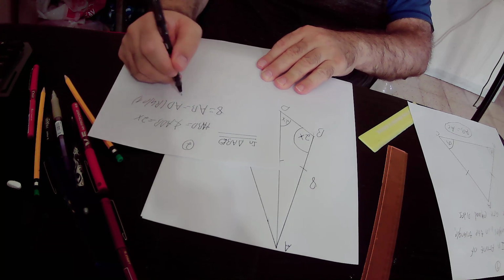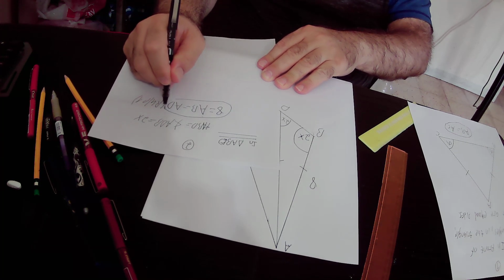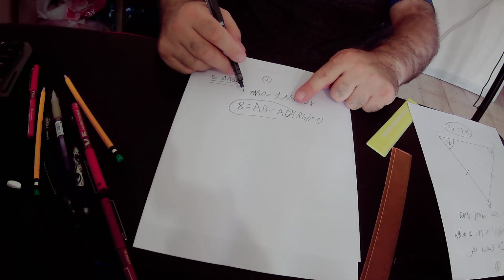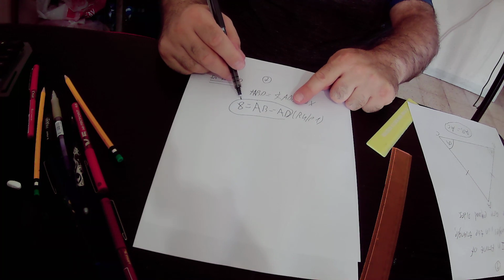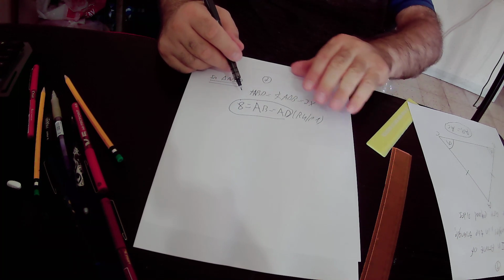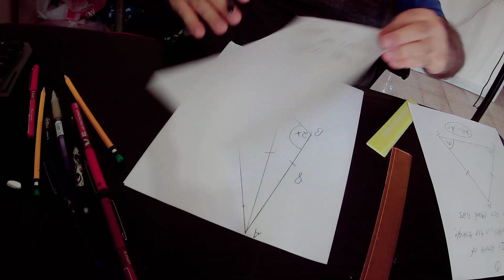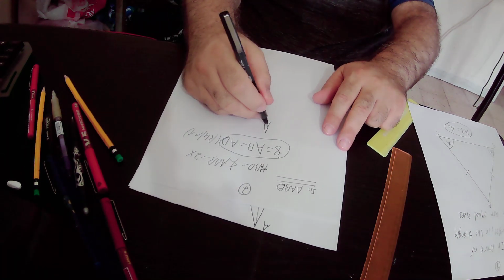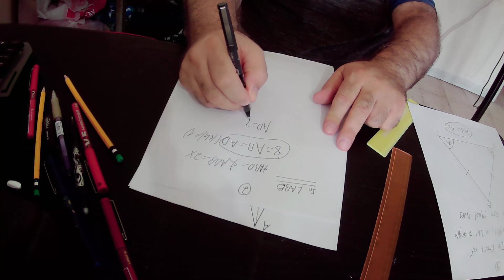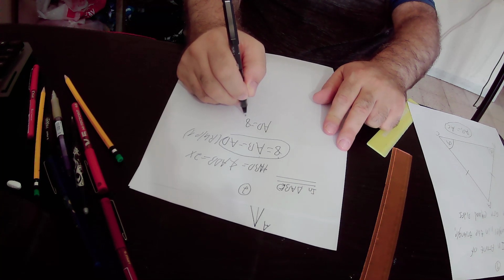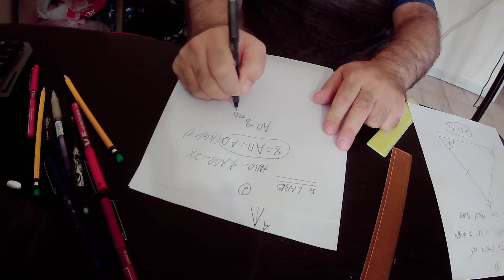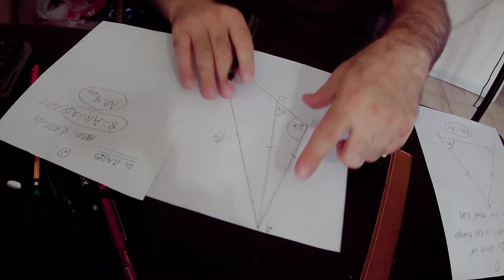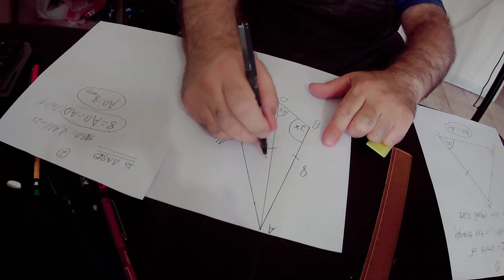So from this equality we can deduce that AD also equals 8 units.